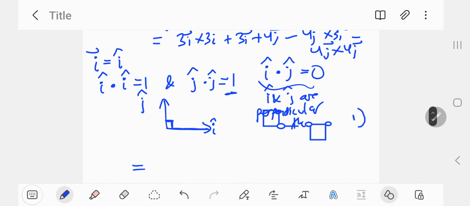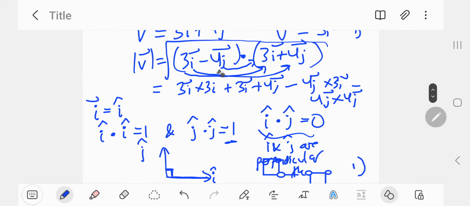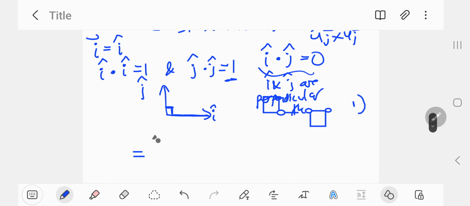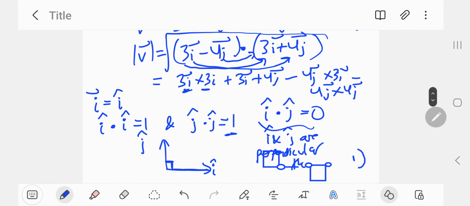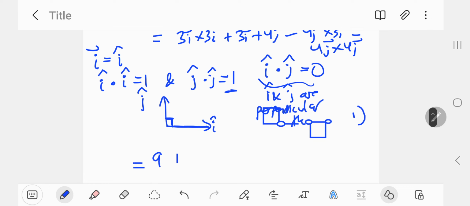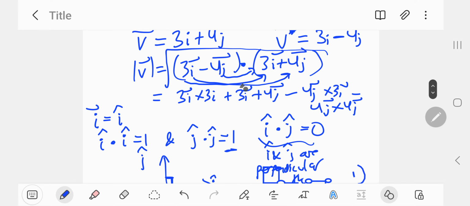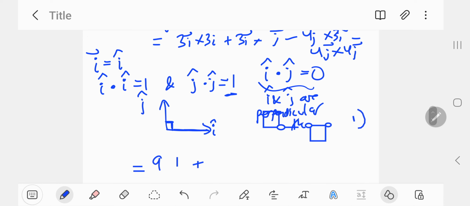So 3i times 3i is just 9, sorry, 9 times 1, because i times i is just 1. So 9 times 1 plus 3i, there should be a times here, 3i times 4j, that's 0.